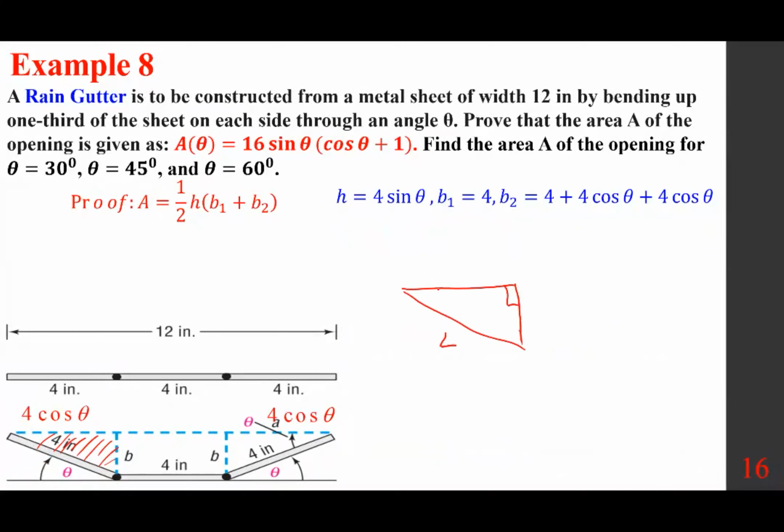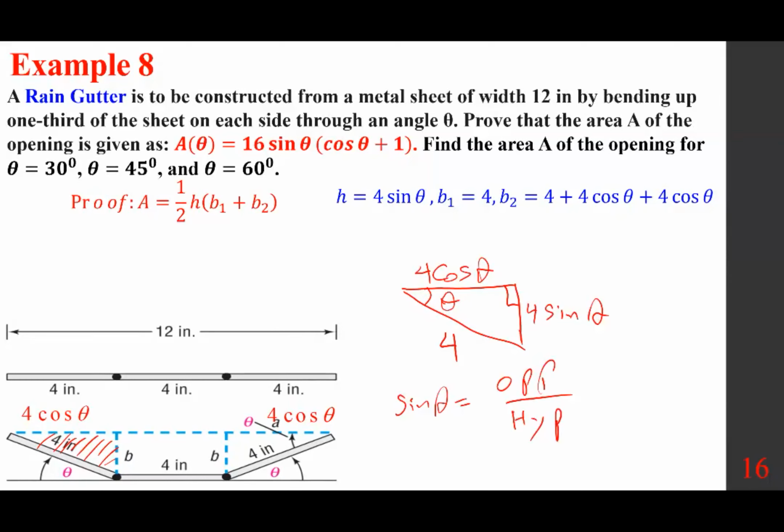This is 4. This is theta. And if you work it out, this becomes 4 cosine theta. This becomes 4 sine theta. Again, because sine theta is the opposite over the hypotenuse.